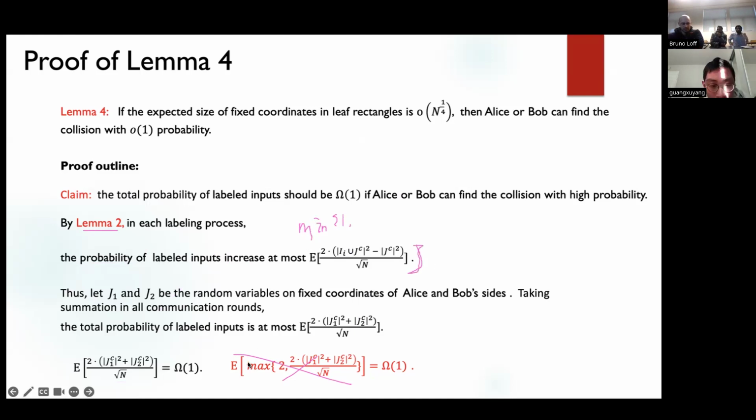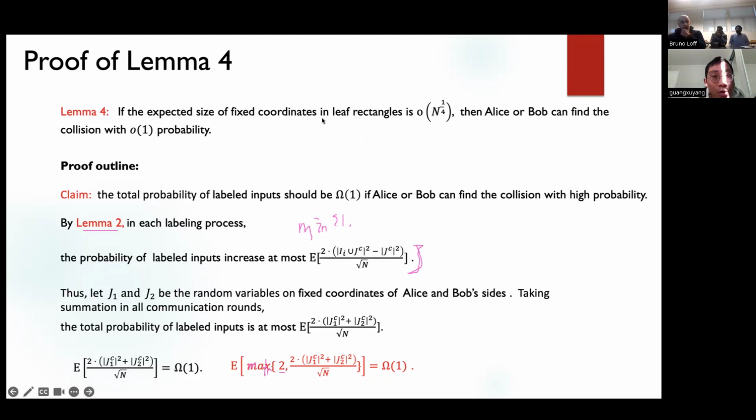So at the end, we will have a max bound, the min of some kind of constant value and this probability. So what's the claim? That's always a probability.